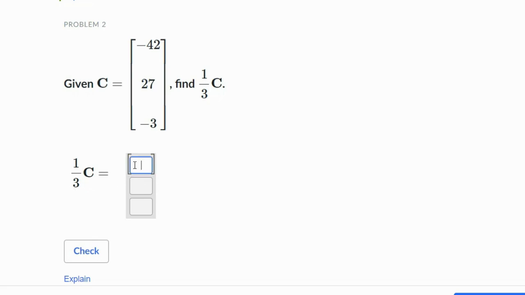So what are the three numbers going to be for our answer on this matrix, starting with the top row at -42, 27, and -3? Be brave. Give it a shot. Well, people don't like fractions sometimes, but I'm confident you can do this. You guys are seniors. 1/3 should not be intimidating at this point.